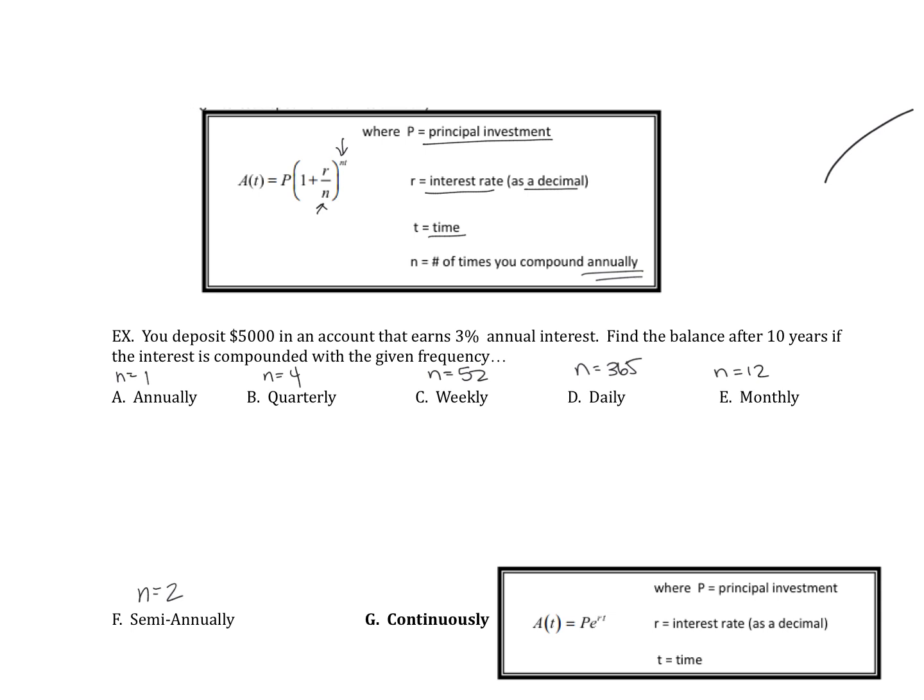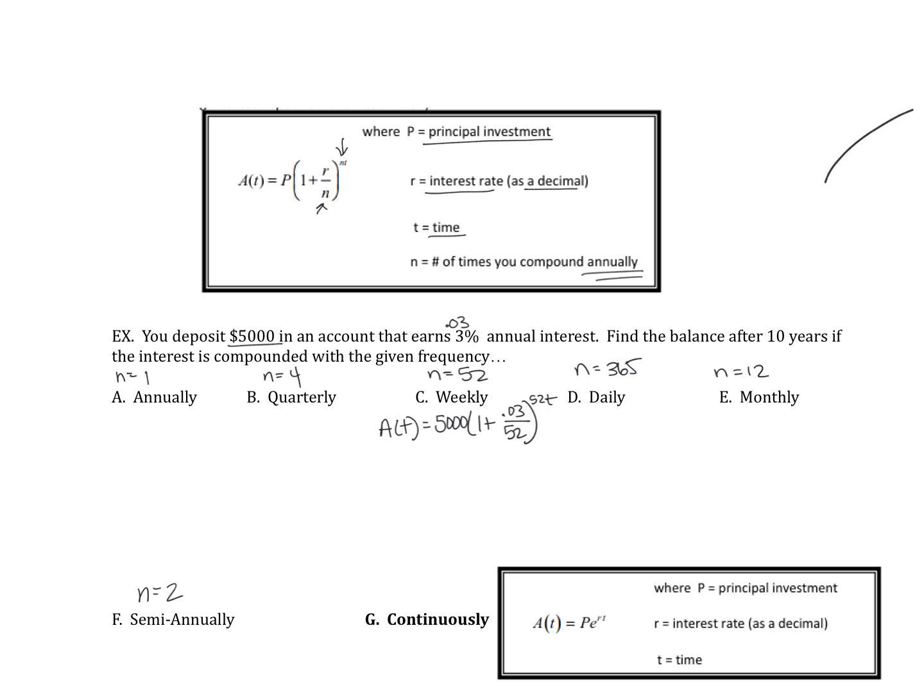So to begin this equation, if I want to know how much money I'm going to have at some time t, then I need my initial amount, which was $5,000, times 1 plus my rate, which is 0.03 as a decimal. But this time it's divided by how many times it's compounded, which is weekly, so 52, to the exponent of 52 times my time.